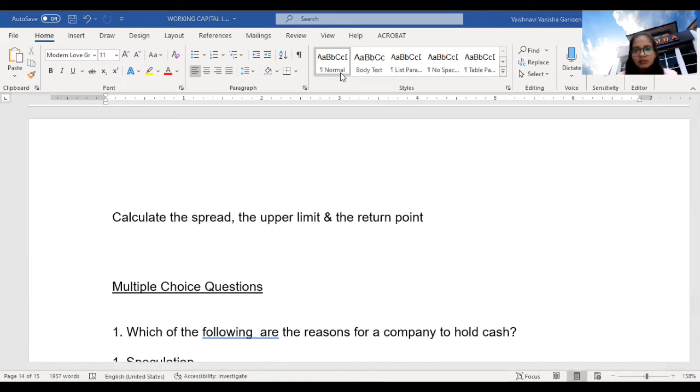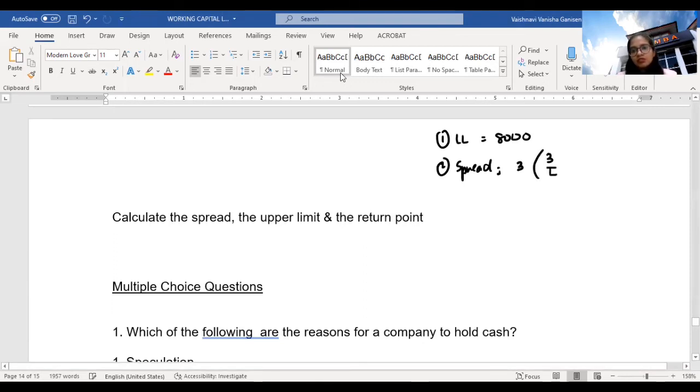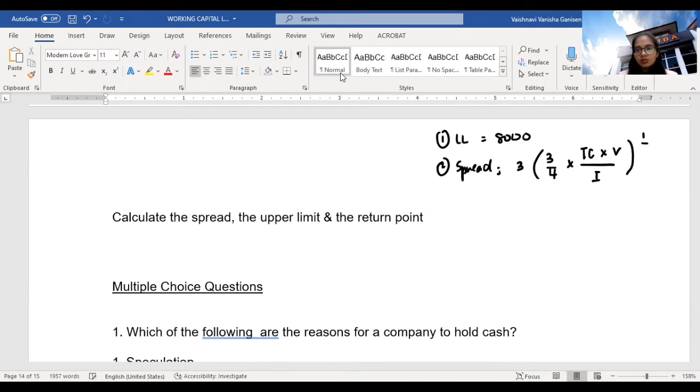So step number 1, lower limit. Lower limit was already given, 8,000. Step number 2, spread. How do you calculate the spread? Remember your formula: 3 over 4 multiplied by transaction cost multiplied by variation over interest, to the power of 1 over 3.